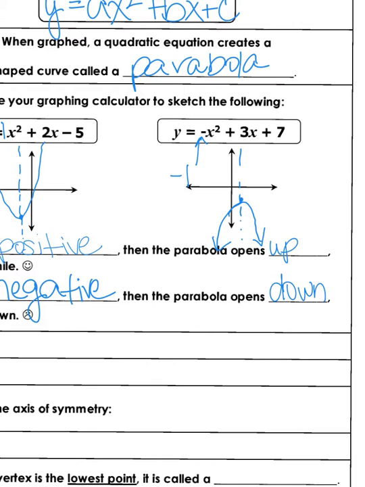So that dotted line that I was talking about is called the axis of symmetry.